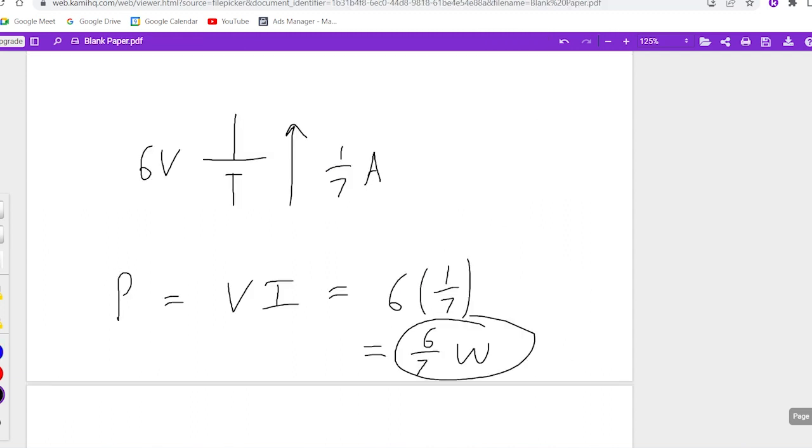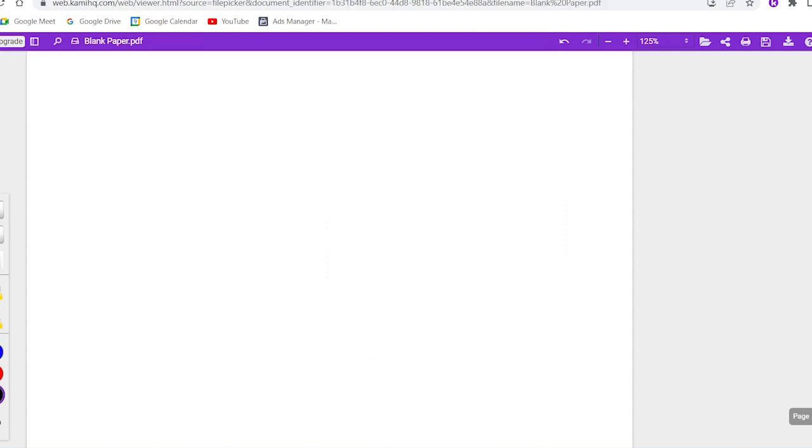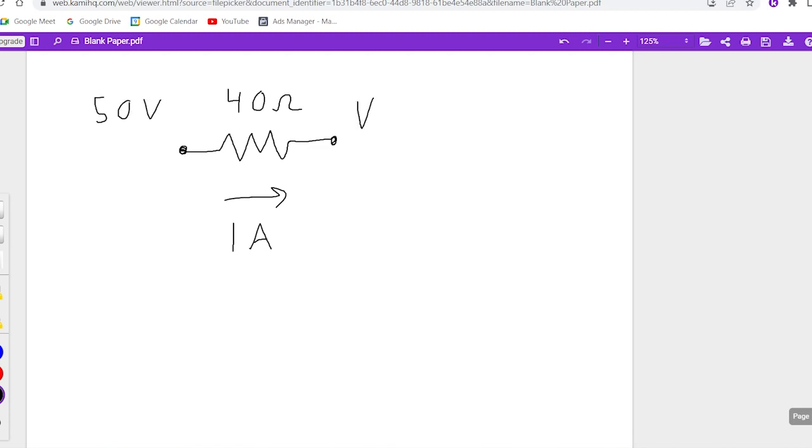And here's what I'm going to do. Let me show you. This is one of those times where I like to use the delta. So this is a 40 ohm resistor. I know the current through the resistor is 1 amp. The voltage here is 50 volts. And the voltage here is what I'm solving for. And this is one of those where I say delta V equals I times R. Because this is not a zero case anymore, obviously.